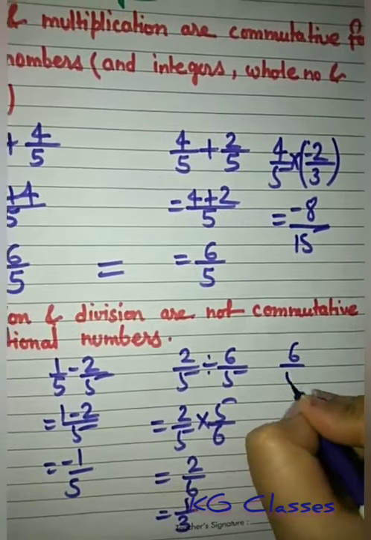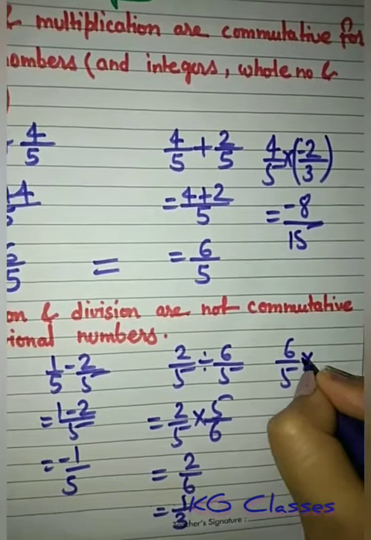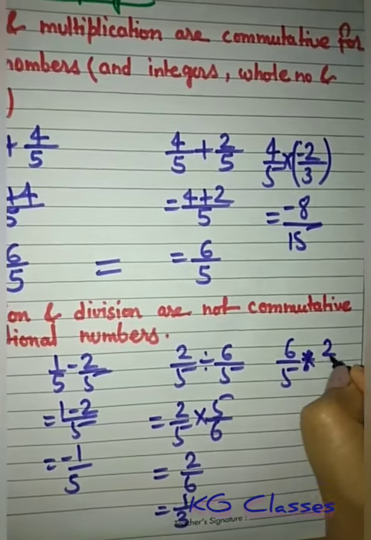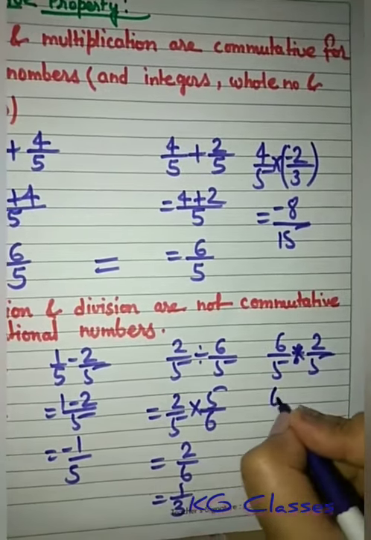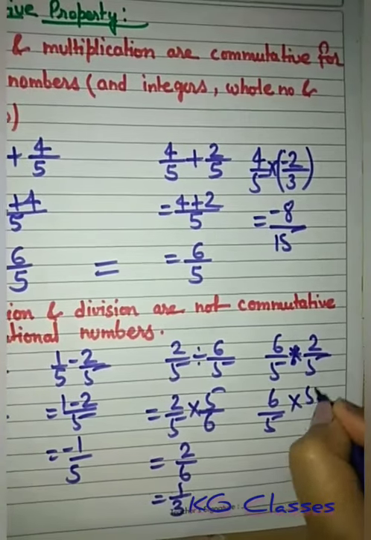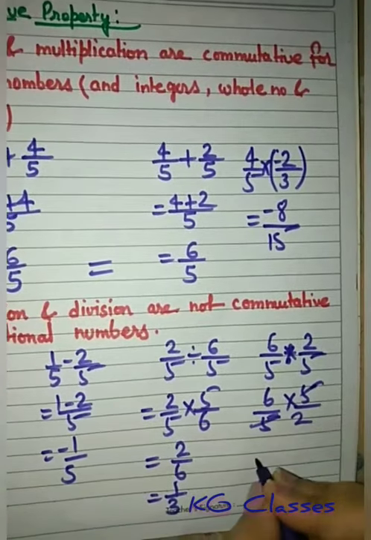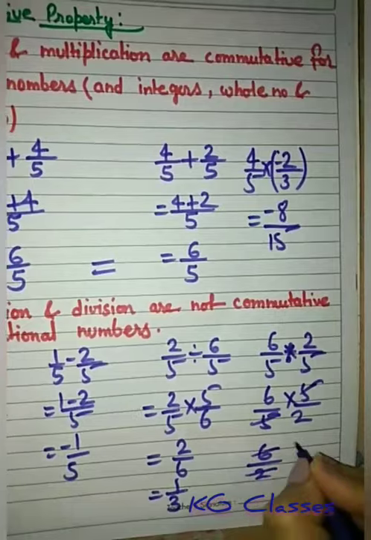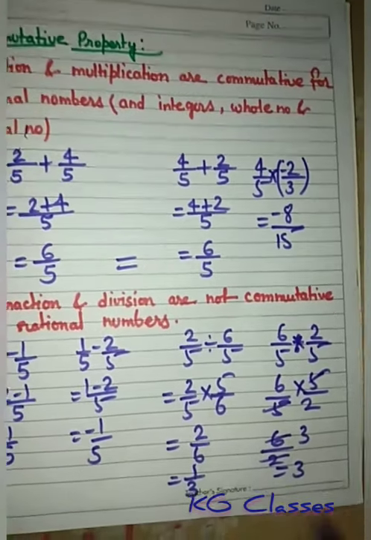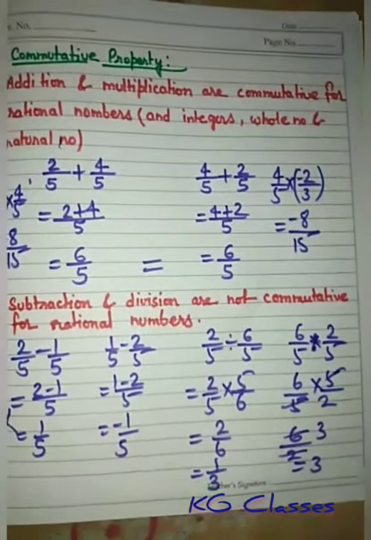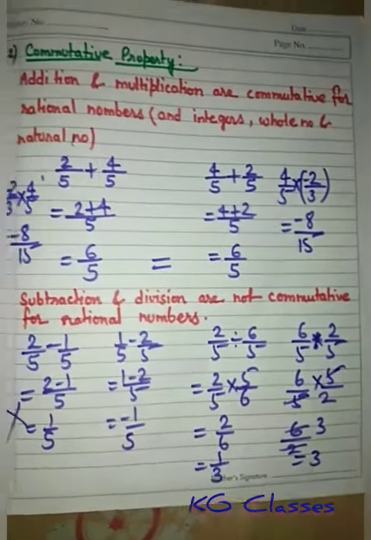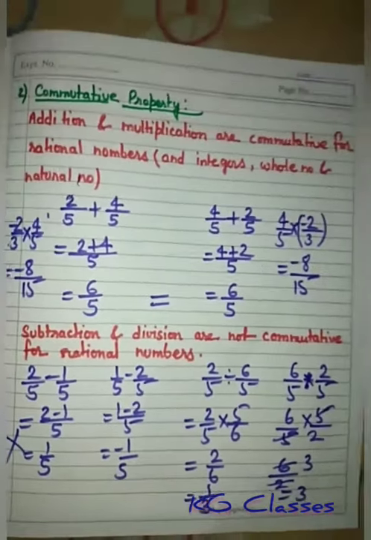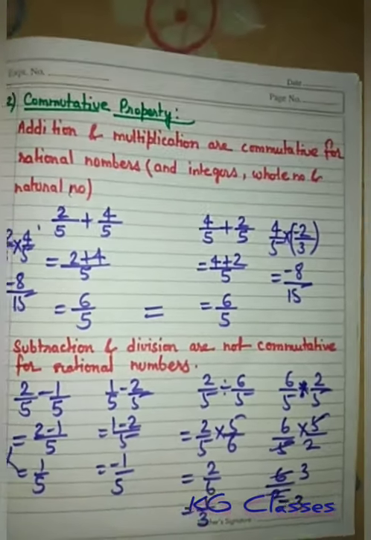If I change the order, then what will we get? Divide it. What do we get? Here 3. Here we get 1/3 and here we get 3, which is not equal. So subtraction and division are not commutative for rational numbers.